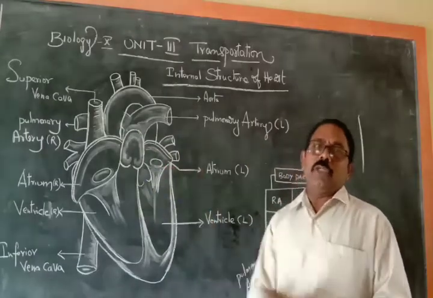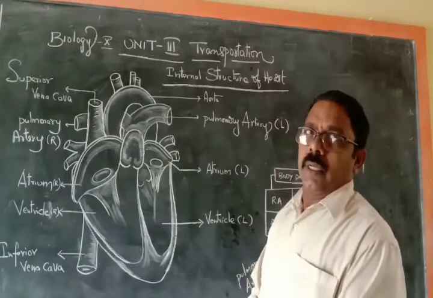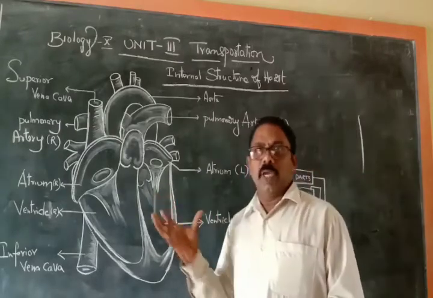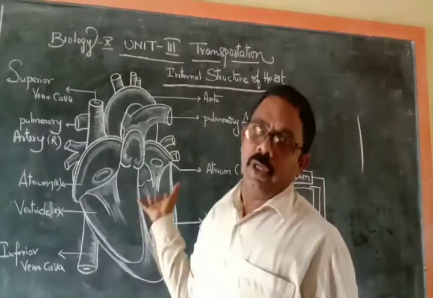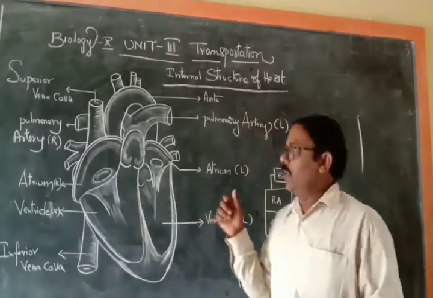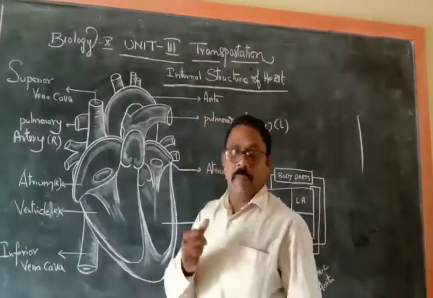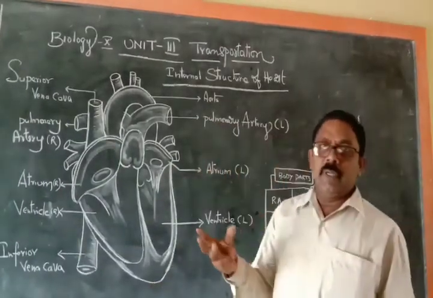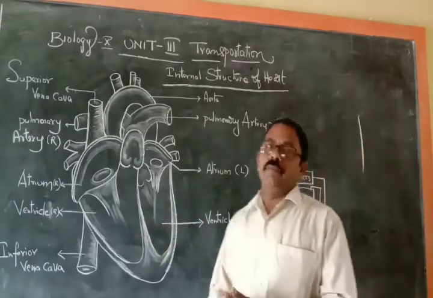The heart is covered by two membranes, and between them a fluid is always flowing. That fluid is called pericardial fluid.